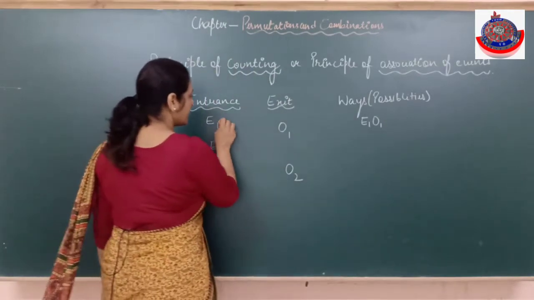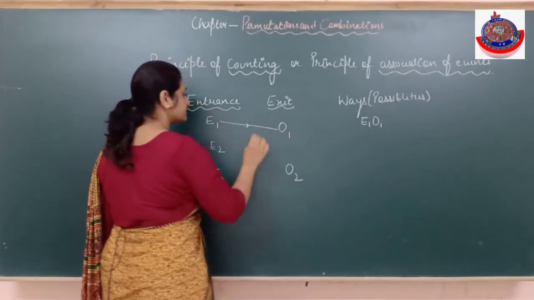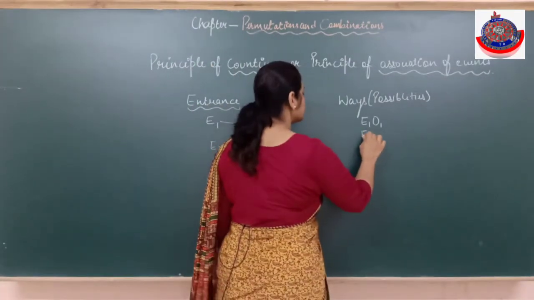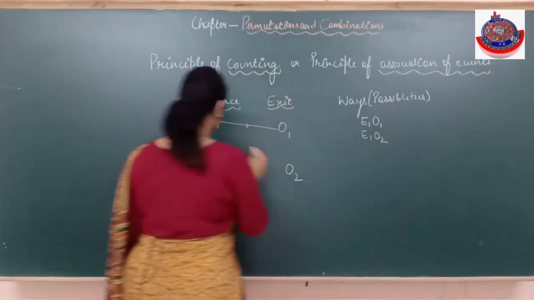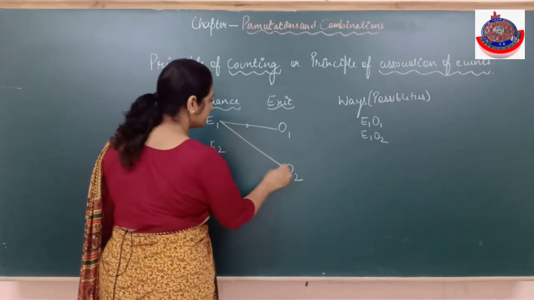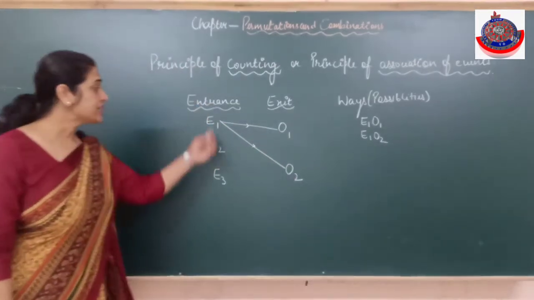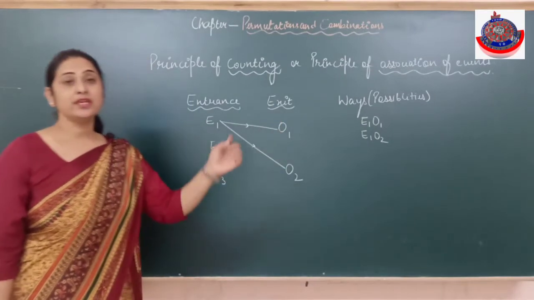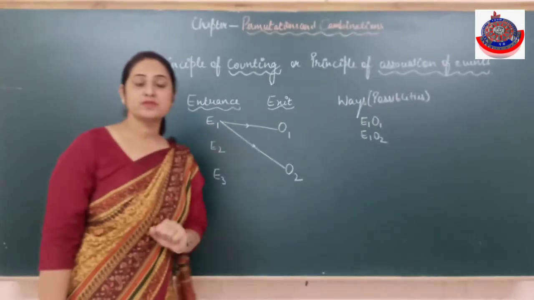That means this is possible. Alright, I enter by gate 1 but exit by the second one. That is possible. With gate 1, I have 2 options of exiting, O1 and O2. So E1, O1 is one way, E1, O2 is one way.